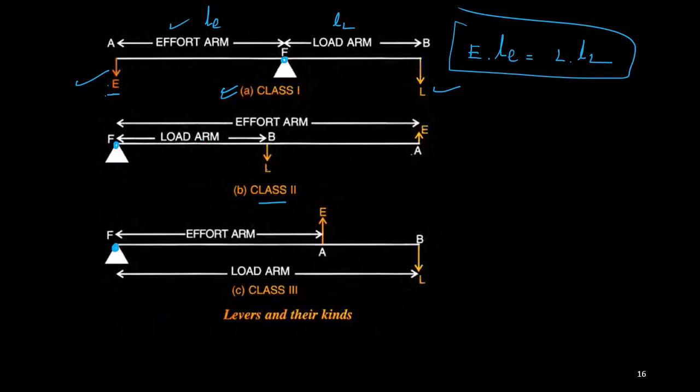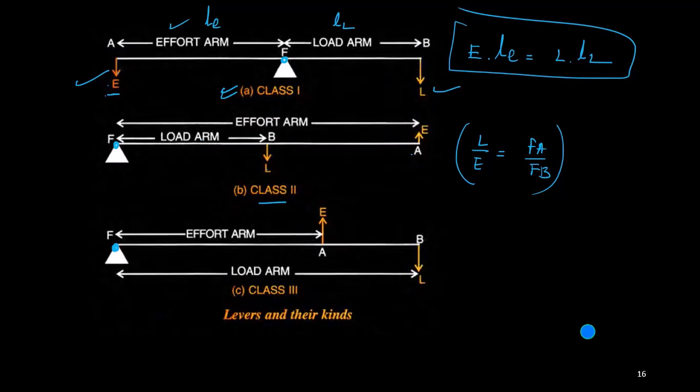Now in the class 2 lever, the effort arm is more than the load arm. So the L by E ratio should be equal to FA by FB.